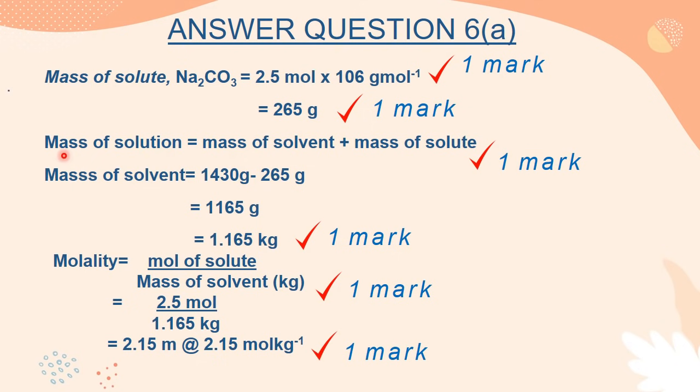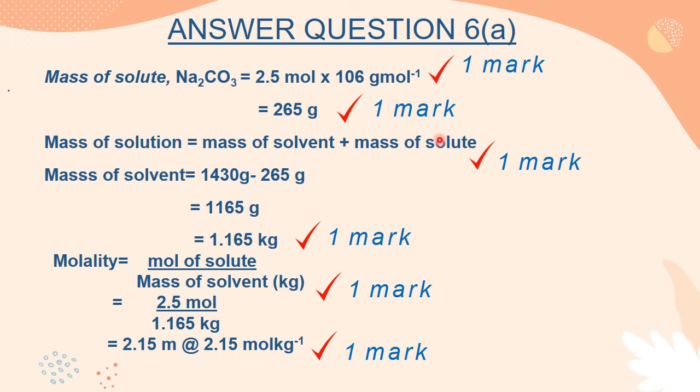After that, we can calculate the mass of solvent. As we know, mass of solution equal to mass of solvent plus mass of solute. So we already know the mass of solution and mass of solute.